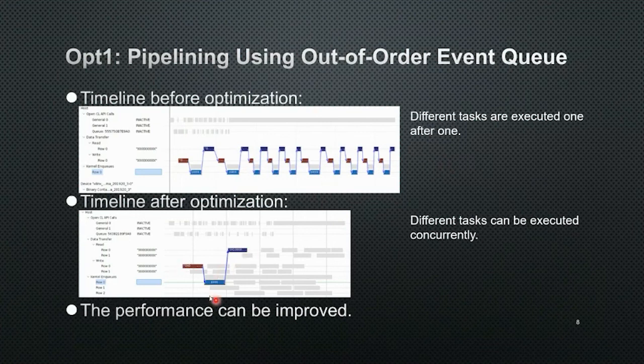On the other hand, if we use the out of order event queue, each task can be executed concurrently. Here is one task, and this one is another task. So we can improve the performance.